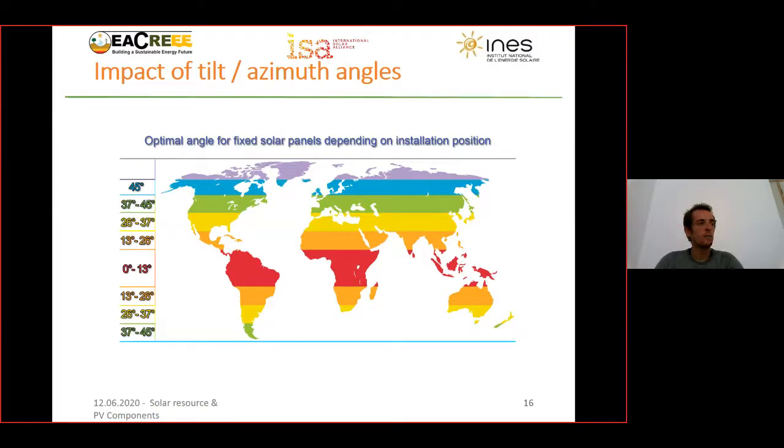Whereas if you are in Europe, for instance, in France, here you can find that the best tilt angles are around 40 degrees. So azimuth angles and tilt angles have a very positive impact on your projects.